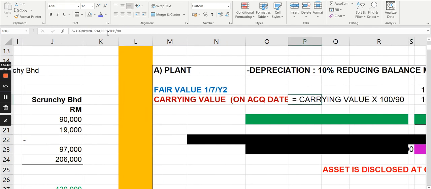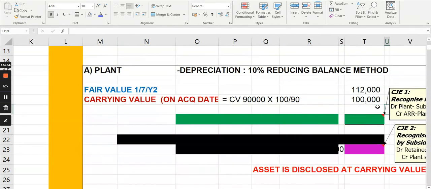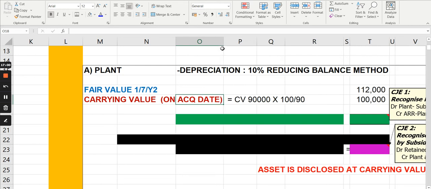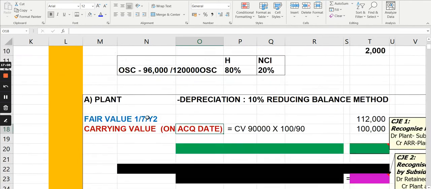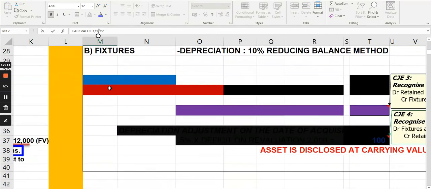CV stands for carrying value, 90,000 times 100 over 90. So there you get your 100,000. That is the carrying value on the acquisition date, which is 1st of January year 2, not 1st of July, sorry. 1st of January year 2, right?